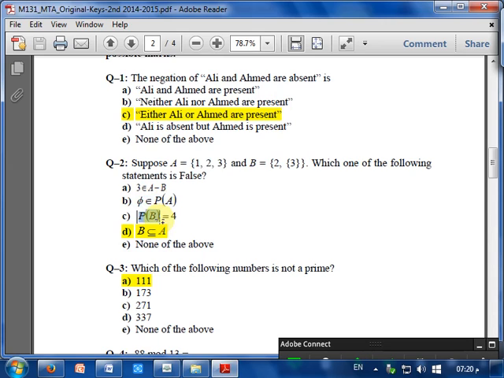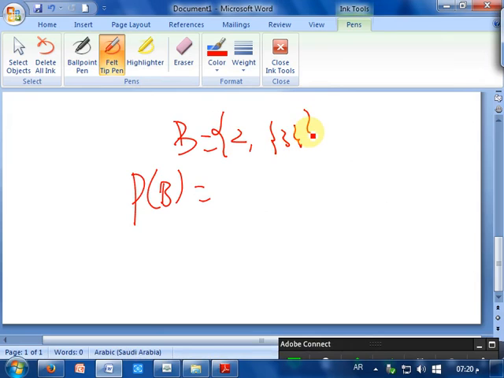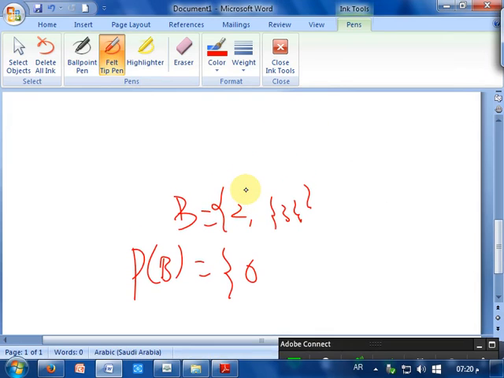Next, the cardinality of the power set of B, the number of elements in the power set of B. What is the power set of B when B is {2, {3}}?